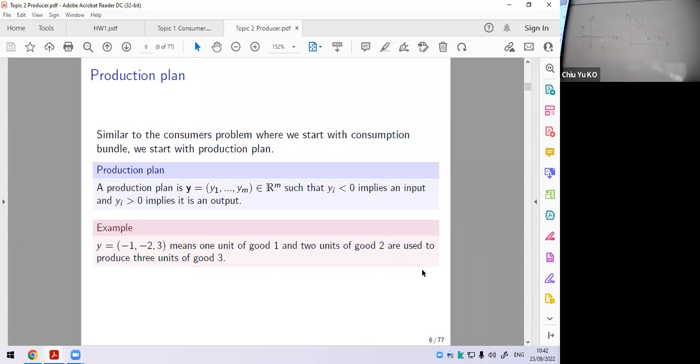That's why usually we can't say what is negative and what is positive, unless you know very well, say good 1 is crude oil, which you probably cannot produce unless you put it down in the earth for millions of years. So something is consumable but cannot be produced, but we don't put those things in there. We just allow every single element to be produced and made, and what can be made or not is then determined by the production plan.